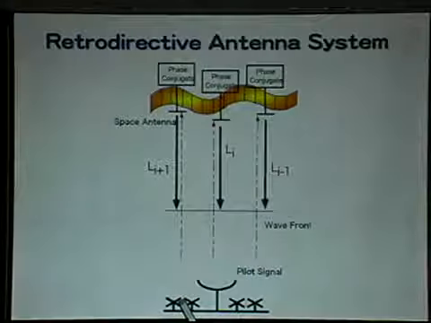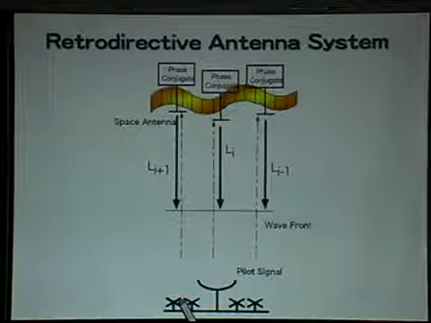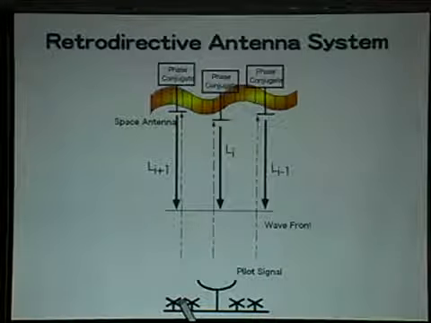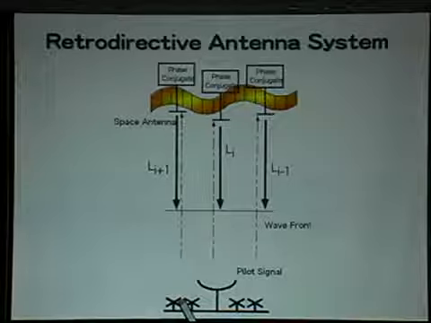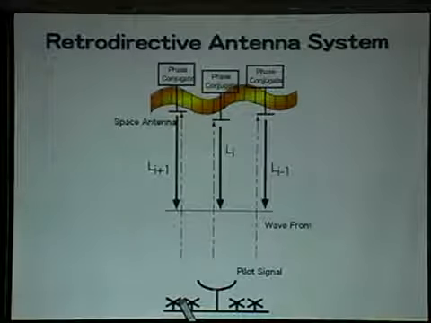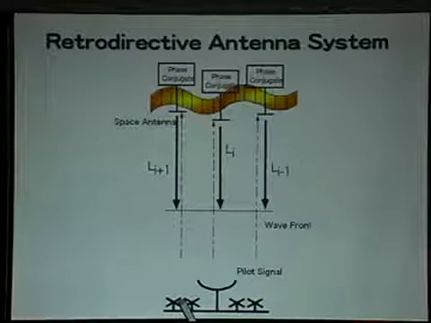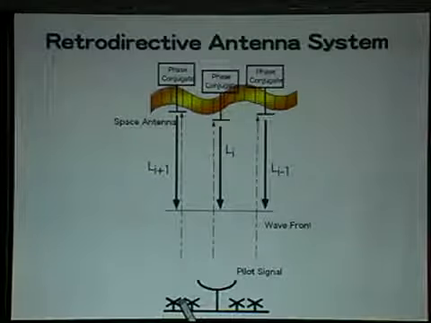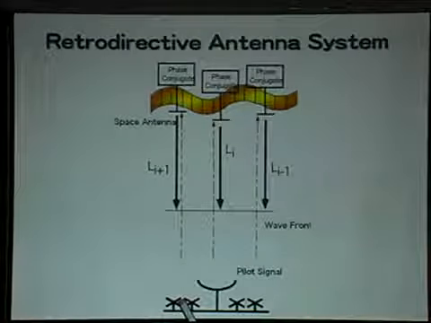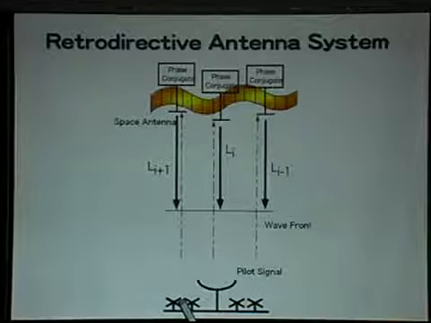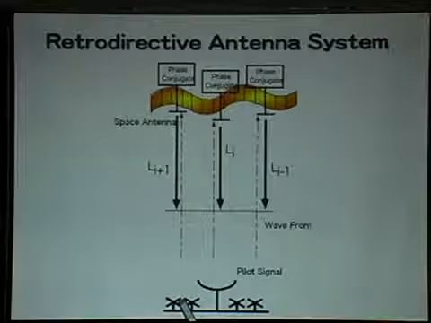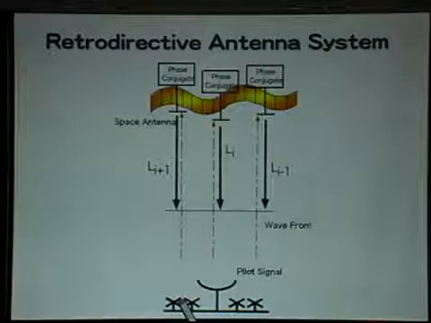We are developing a retro-directive antenna system. We transmit a pulse signal from the ground to the space antenna, and each antenna element receives the pulse signal and makes a conjugate phase of the pulse signal.